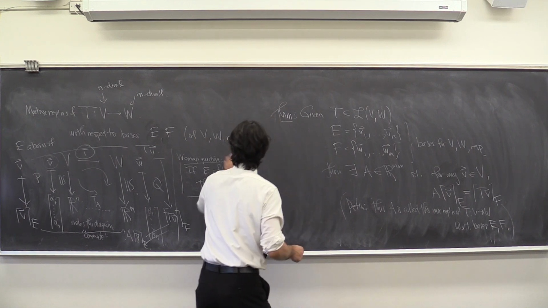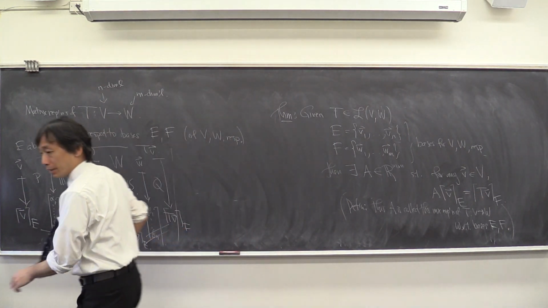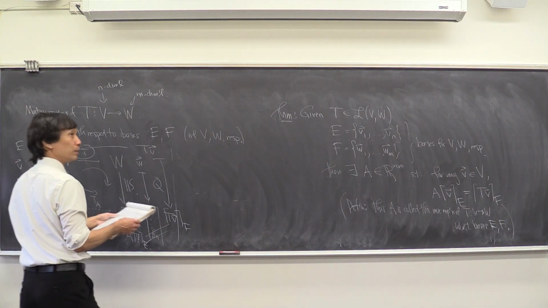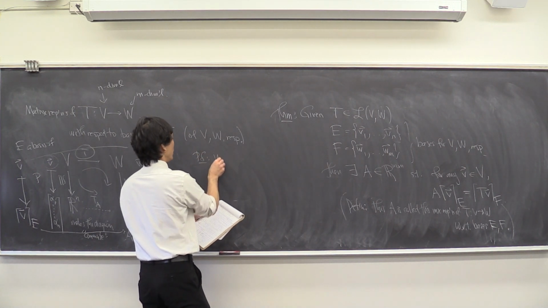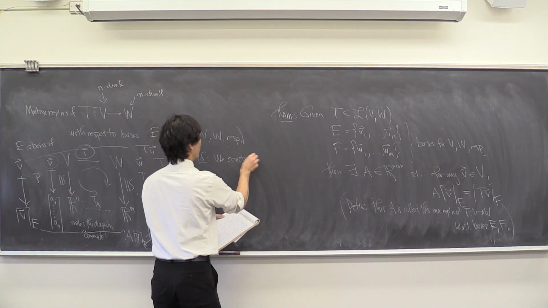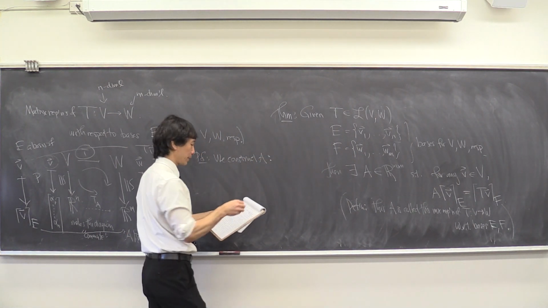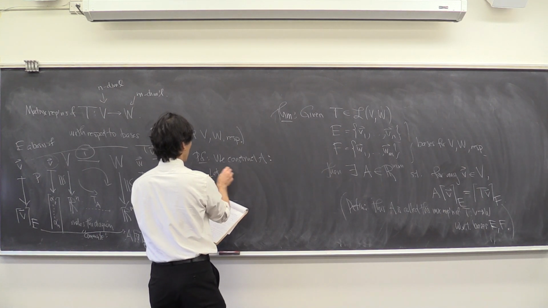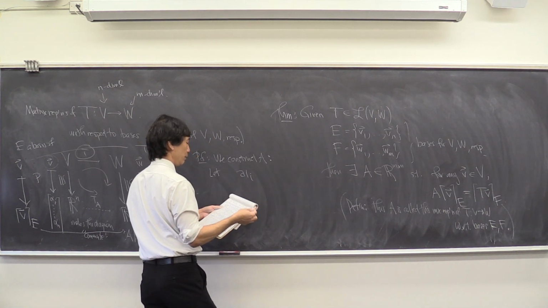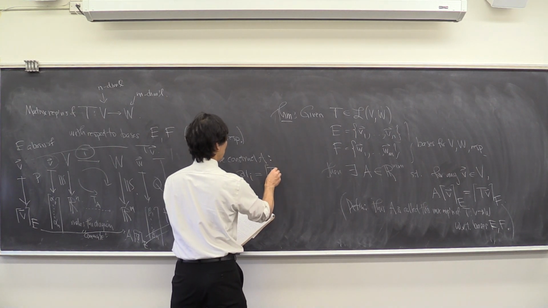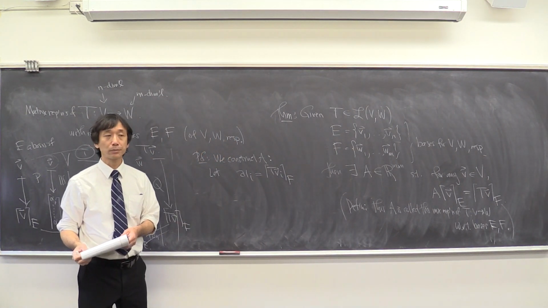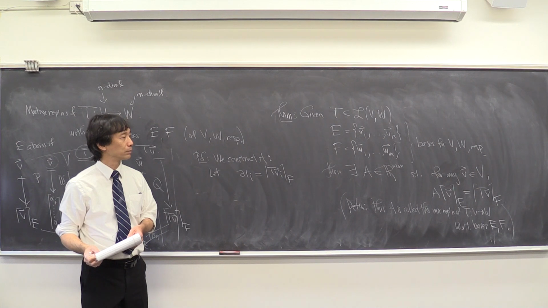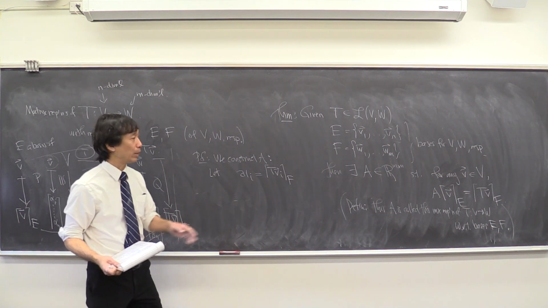So, I'll just take a second to construct. Proof. We construct A. Let Ai, the ith column of it, be T vi with respect to F. This is what we were saying over here.